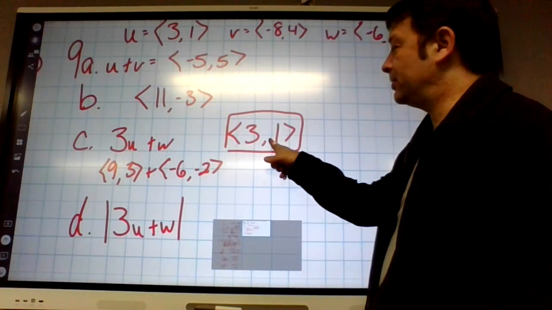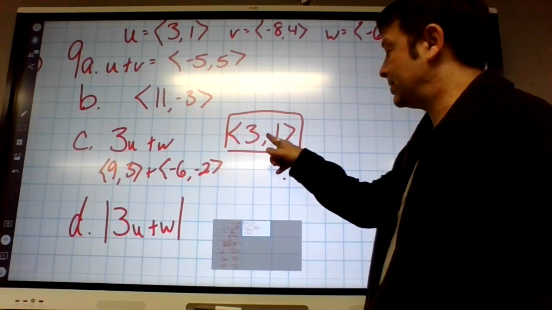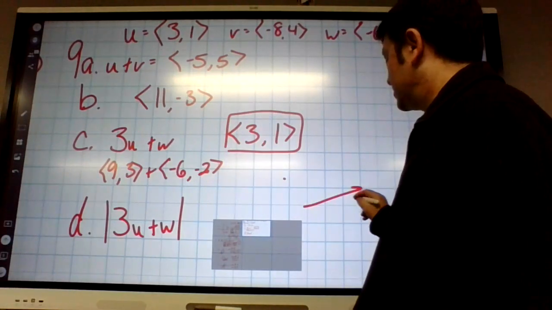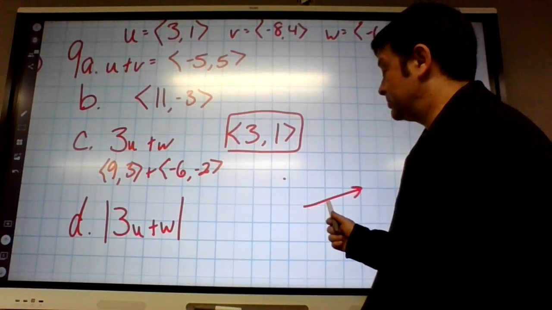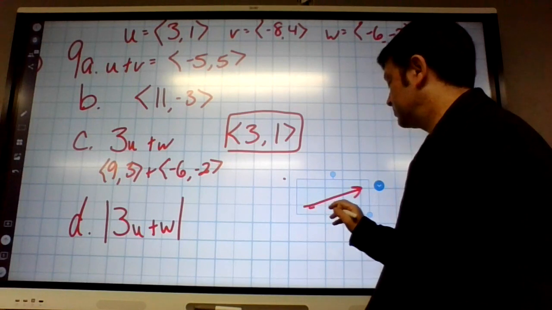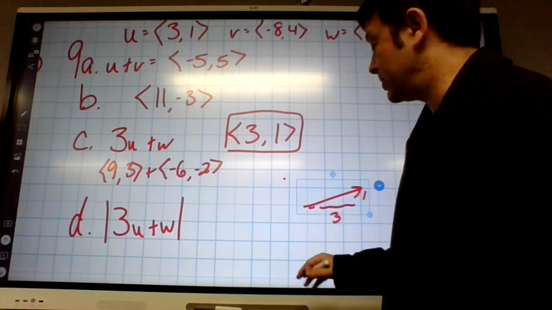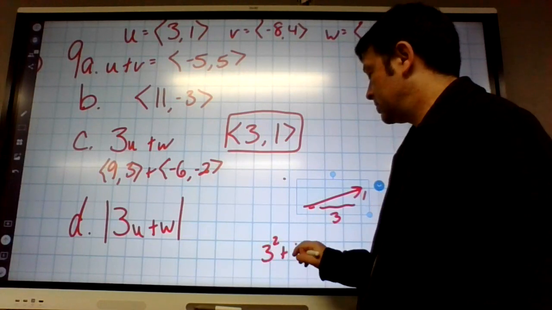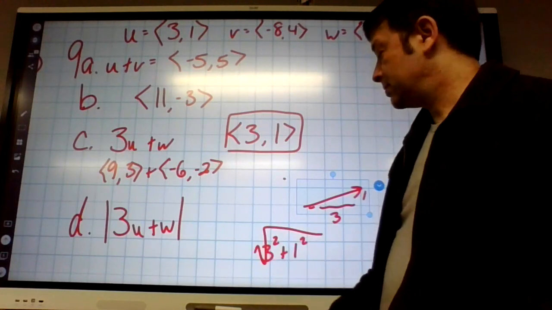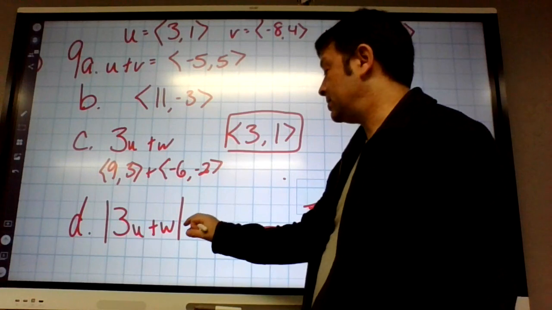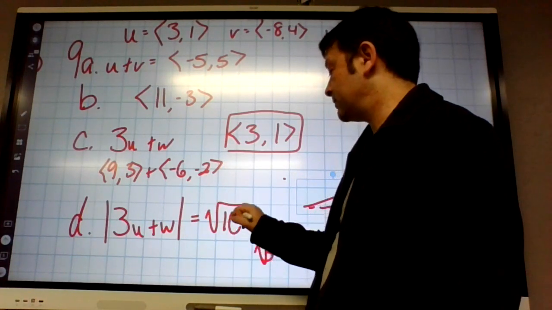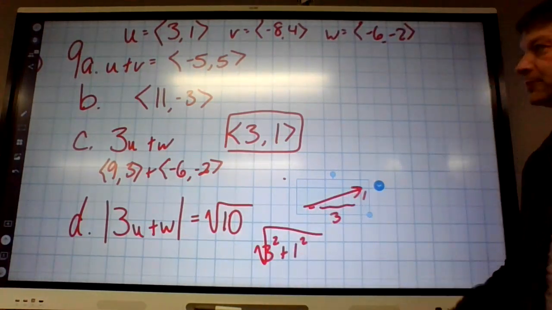So the vector is 3, 1. How do we find the length of that vector? Yeah. 3 squared plus 1 squared and then the square root of that. 3 squared plus 1 squared is 10, so it would be the square root of 10, which is going to simplify.